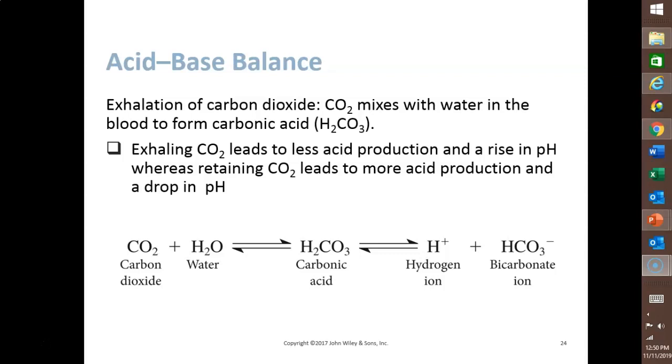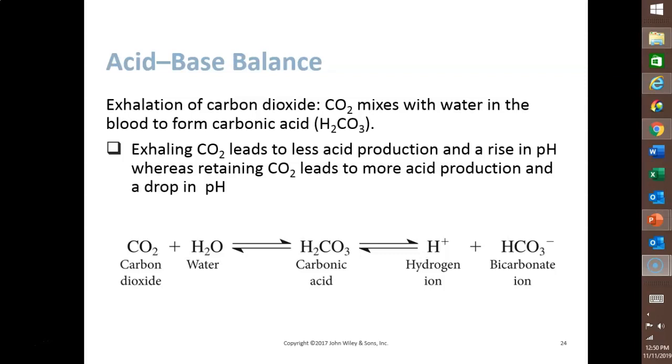Now, on the other hand, a decrease in CO2 in your body fluids raises your pH and makes the fluids more alkaline. So changes in the rate and depth of breathing can alter the pH of body fluids within a couple of minutes. With increased ventilation, more CO2 is released. Hydrogen ion concentration falls and blood pH increases.